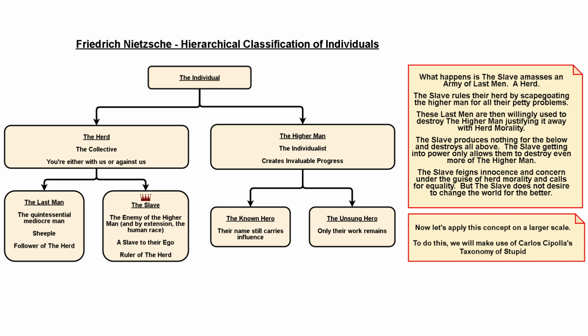And herd morality basically inverts everything the higher man holds, sort of like the master morality. He holds strength as a good thing, whereas the herd sees strength of you being your own person as a bad thing. So that's sort of collectivism versus individualism there.